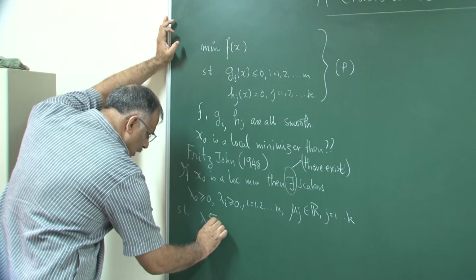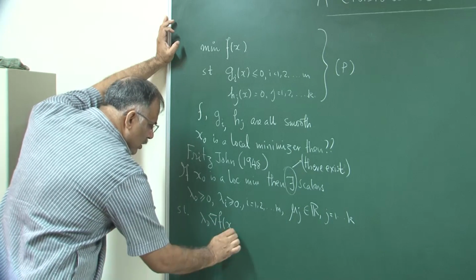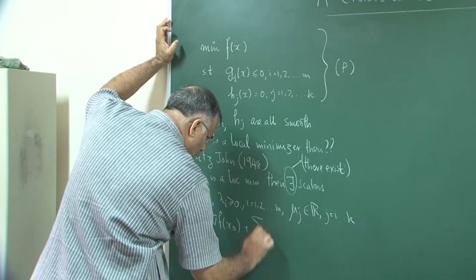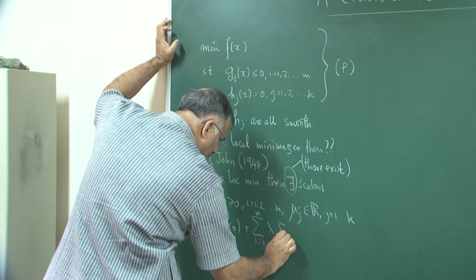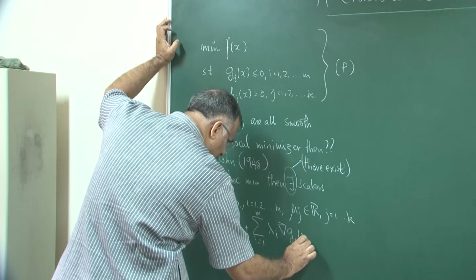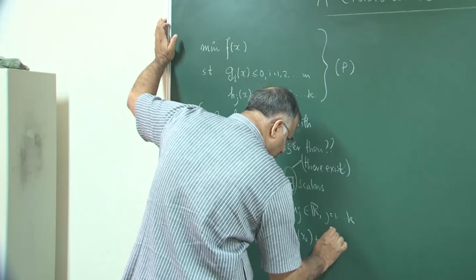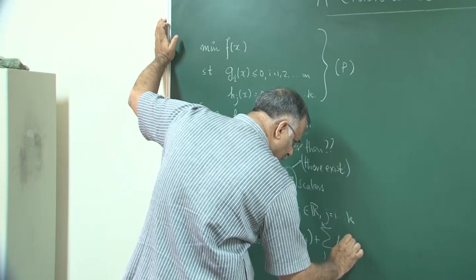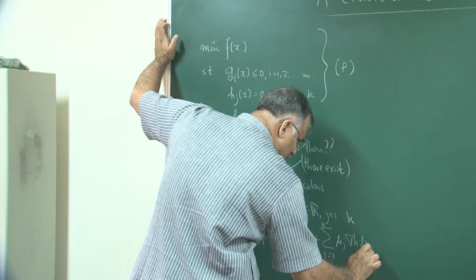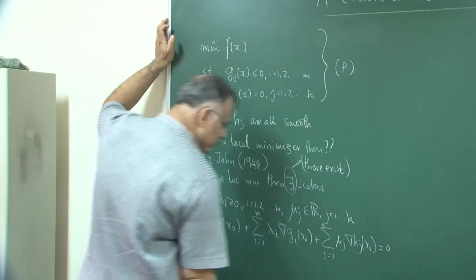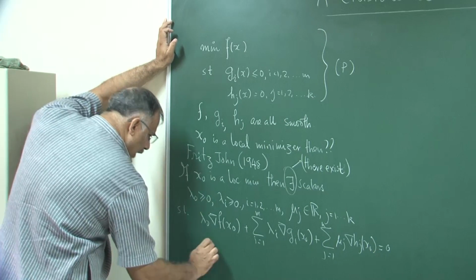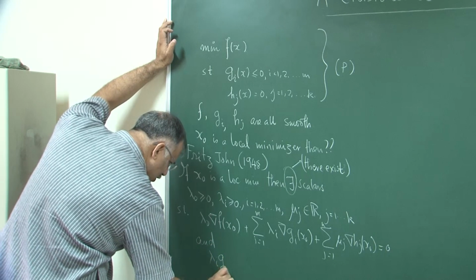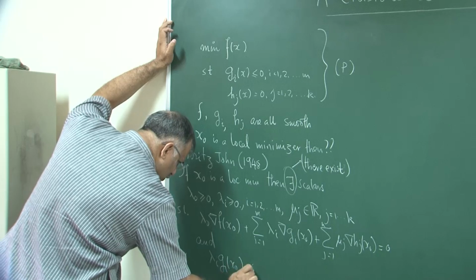lambda naught grad f(x naught) plus summation i equal to 1 to m lambda i grad g_i(x naught) plus summation j equal to 1 to k mu j grad h_j(x naught) is equal to 0, and lambda i g_i(x naught) is equal to 0 for all i.